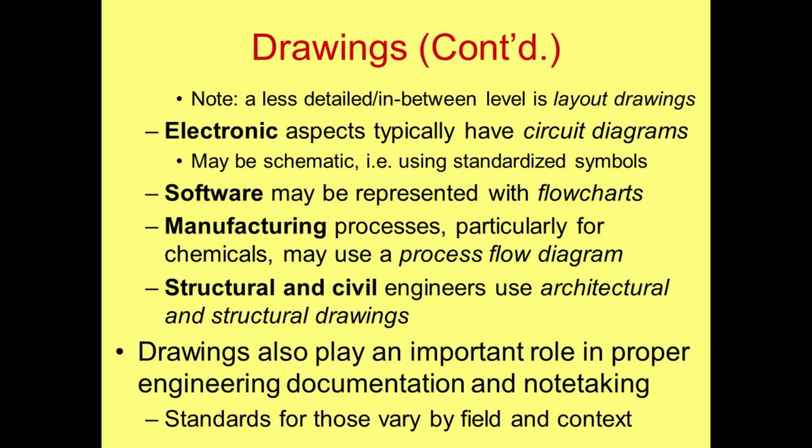These are often schematic, which in general means using standardized symbols, and schematics for electronics refers to standardized symbols for that. For software, there might be various types of flowcharts, sequence diagrams, or a range of other possible notations.